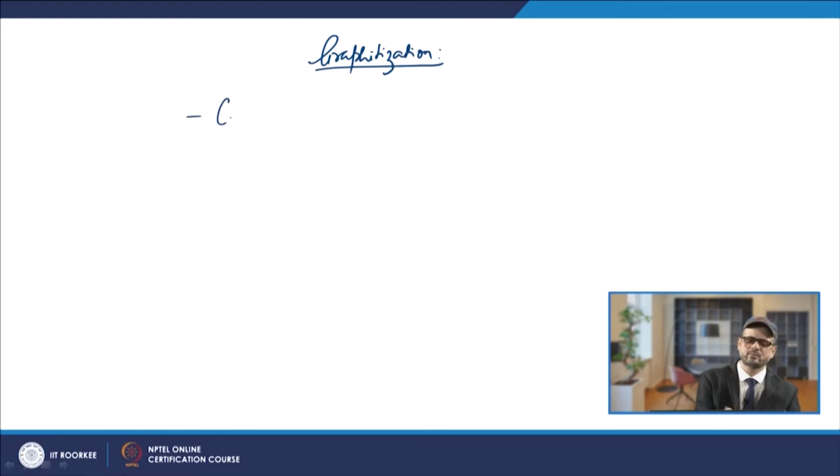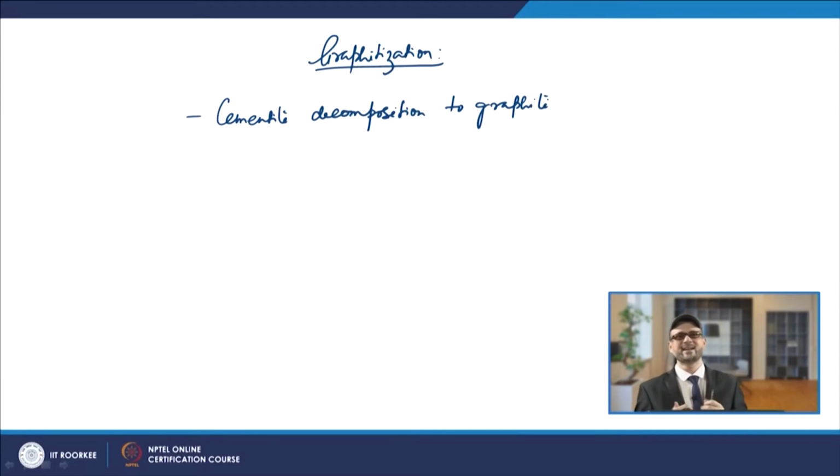So, cementite decomposition to graphite will lead to a decrease in the strength of the weld, and you end up with the formation of graphite globules in the low carbon iron matrix.